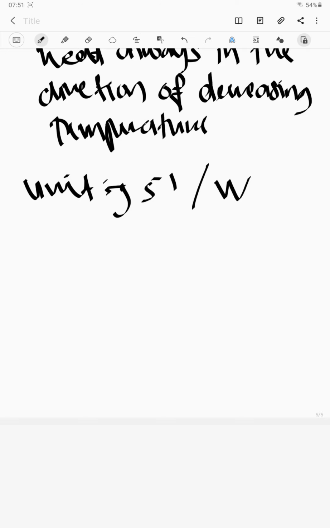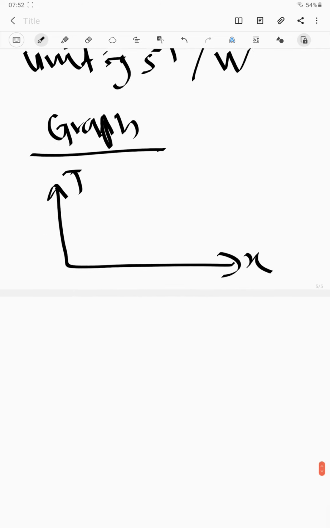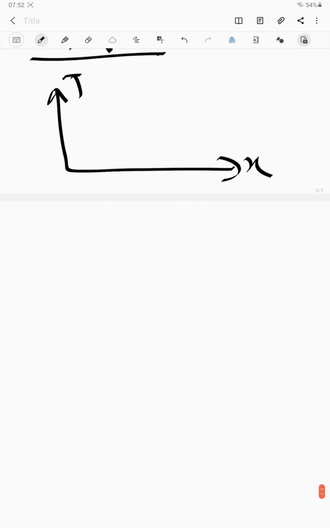Okay, and then kita tengok yang seterusnya. Yang seterusnya kita akan tengok graf, iaitu graf temperature against distance, ataupun length. Okay, so yang pertama kita tengok temperature gradient in the unlagged metal bar.